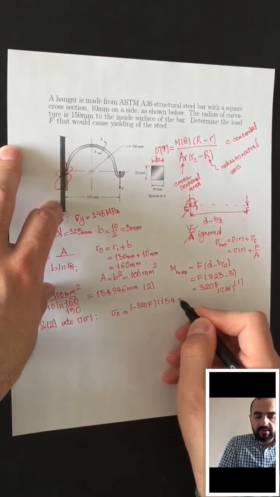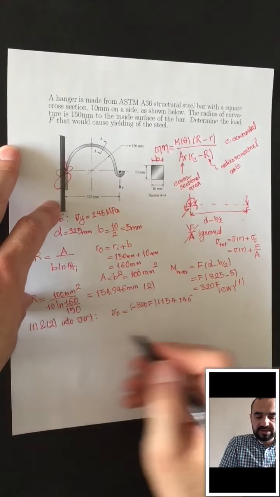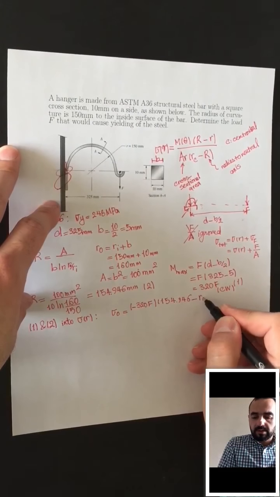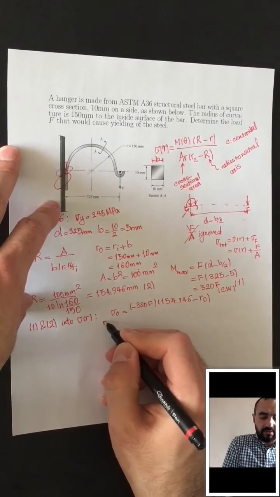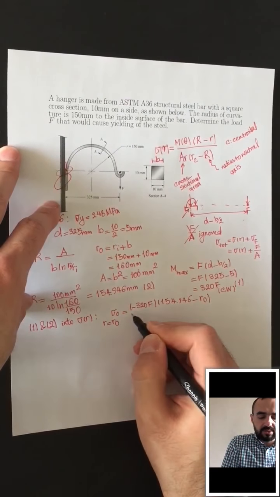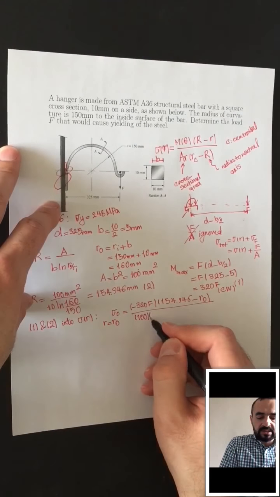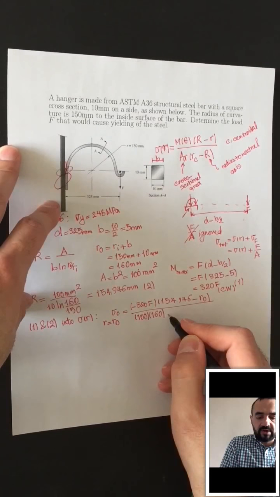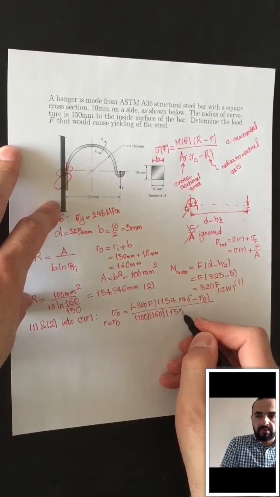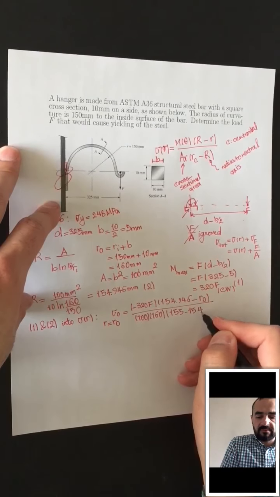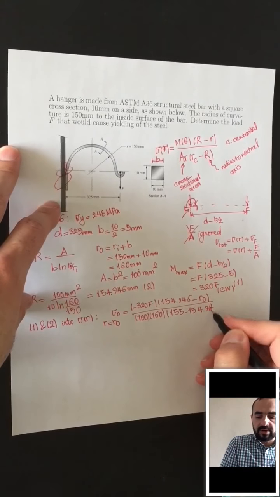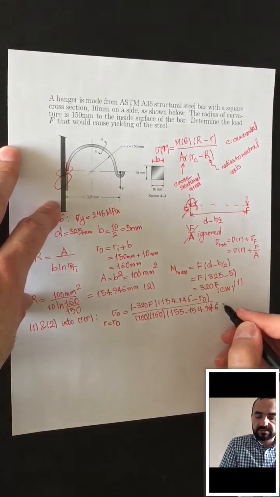And then you have 154.946 minus RO, since for sigma O, R is equal to RO. And then you have 100 multiplied by 160 multiplied by 155 minus 154.946.